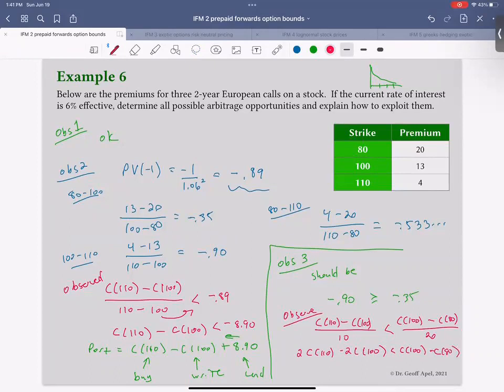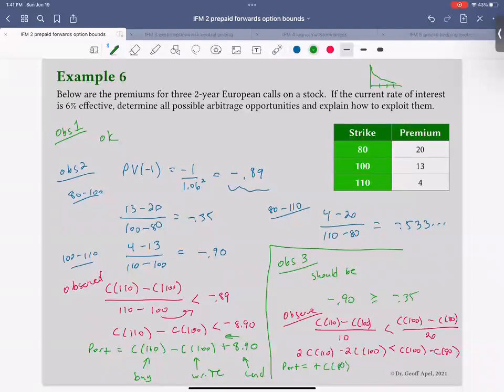Okay, so what am I going to do? Portfolio. Well, I'm just going to move everything to the left side, because that's where the arrow is pointing, and that'll tell me the portfolio that I would need. My portfolio is going to be, let's see, we'll go lowest strike to highest strike. So we've got plus call at 80.